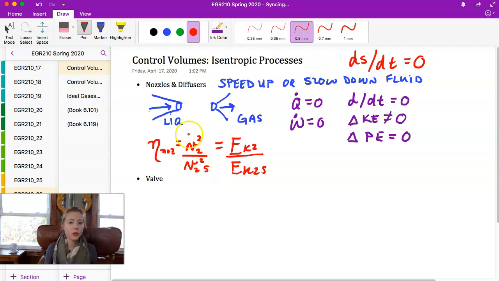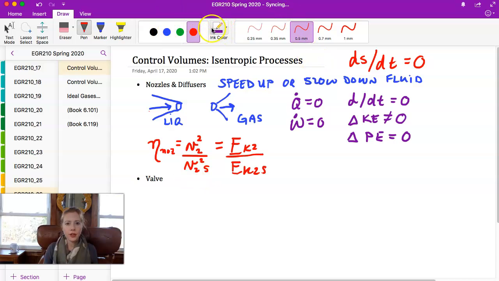Because we're going to lose some speed, some kinetic energy to entropy production.